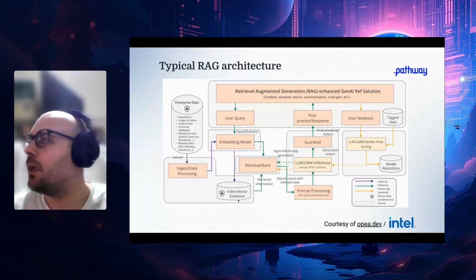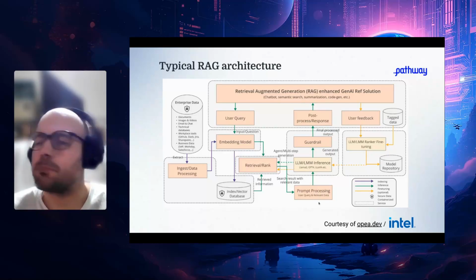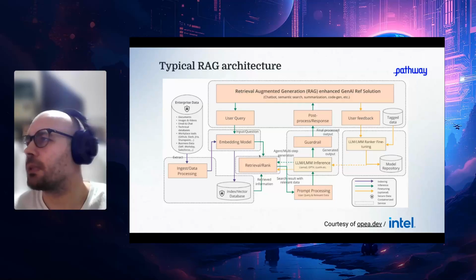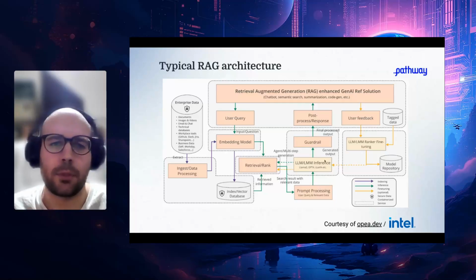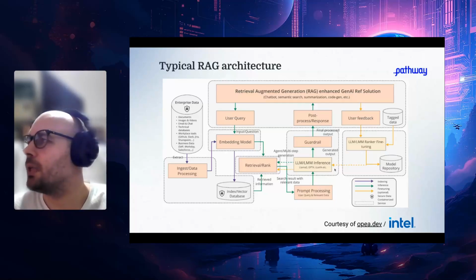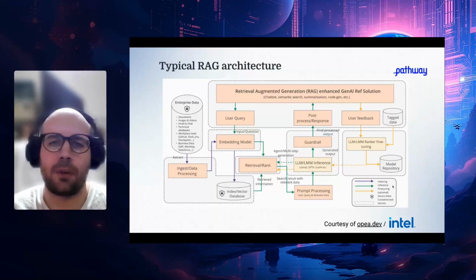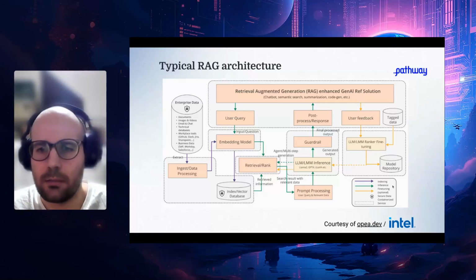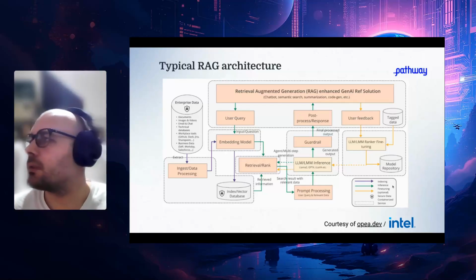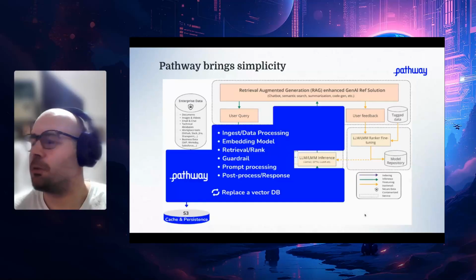Then in the middle, there is a green path for the user queries. First retrieval, then creating a prompt, and using an LLM for inference. On the right, there is also fine-tuning, which is optional.